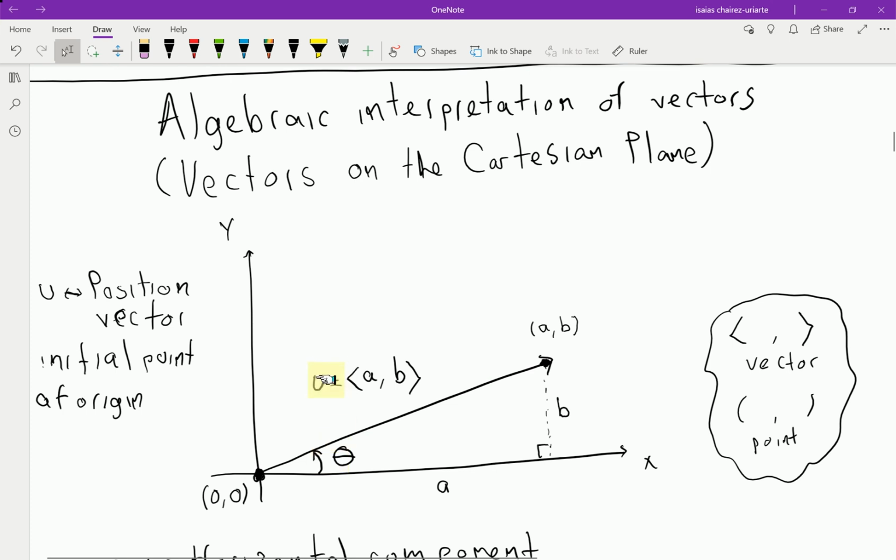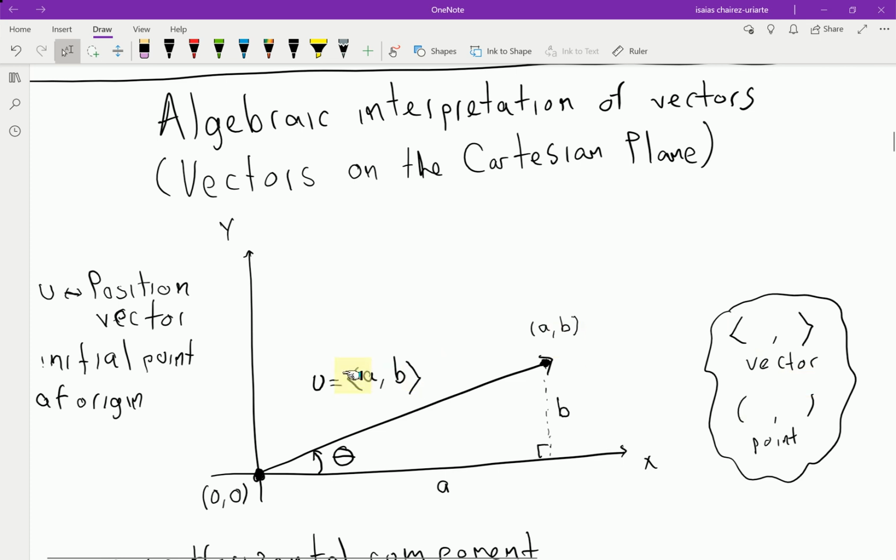Right now, the vector u is in what's called position vector. Position vector just means that the initial point is at the origin and its terminal point is wherever in the Cartesian plane. Notice that in order to denote vectors, we use these little sharp brackets, whereas parentheses are used to indicate points.